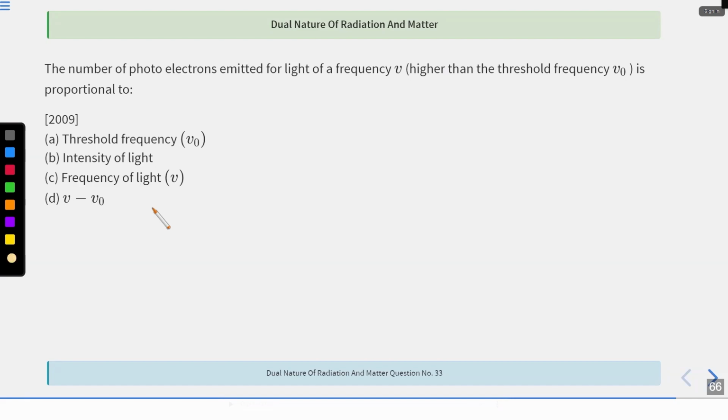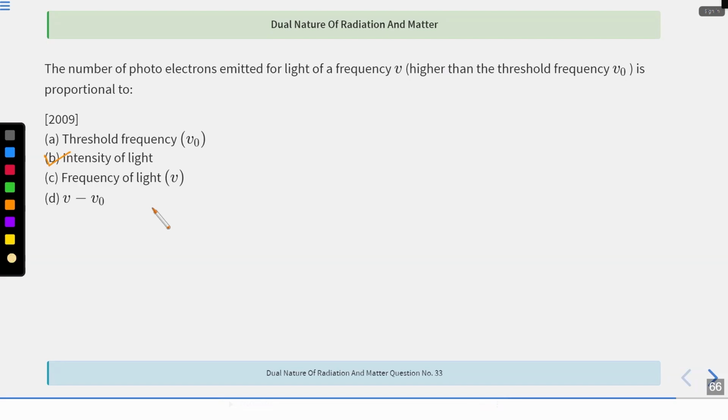The number of photoelectrons emitted for light of a frequency V higher than the threshold frequency V naught is proportional to. Okay, this is one of the concepts that we've learned already. And we know that the number of photoelectrons that will be emitted will be proportional to the intensity of the incident light. Do not confuse it with the fact that it will be proportional to the threshold frequency.